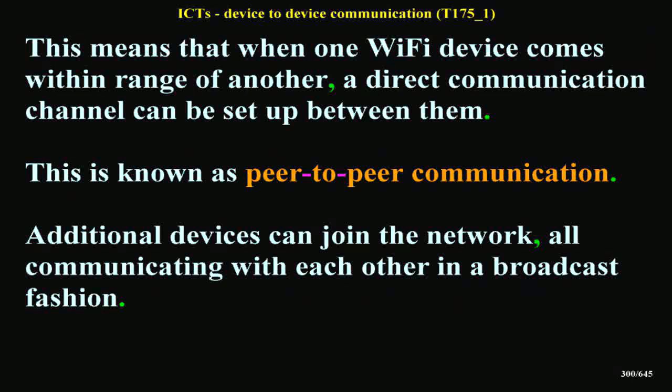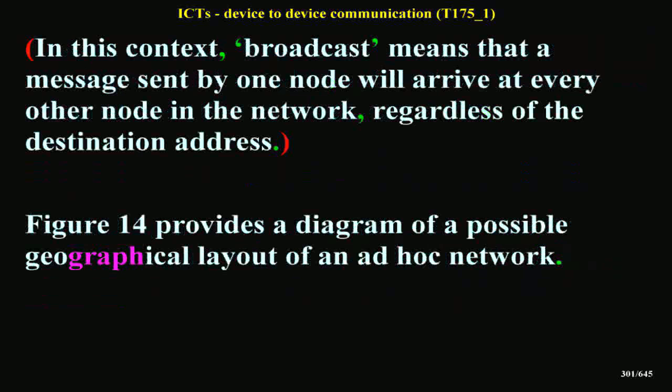This is known as peer-to-peer communication. Additional devices can join the network, all communicating with each other in a broadcast fashion. In this context, broadcast means that a message sent by one node will arrive at every other node in the network, regardless of the destination address.